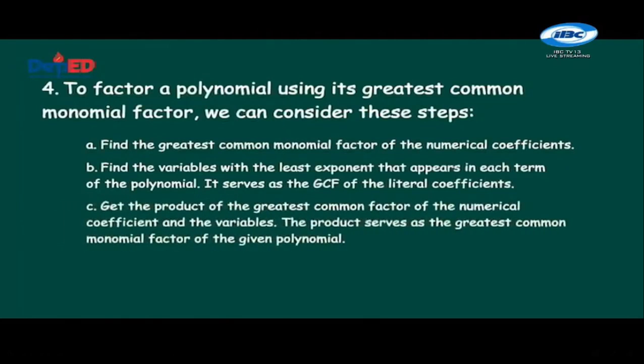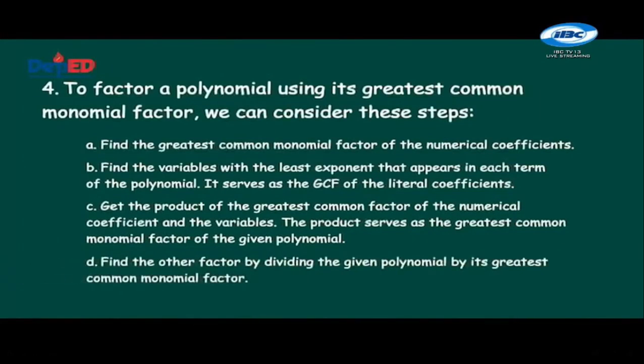C. Get the product of the greatest common factor of the numerical coefficient and the variables. The product serves as the greatest common monomial factor of the given polynomial. D. Find the other factor by dividing the given polynomial by its greatest common monomial factor. And E. Write the final factored form of the polynomial.